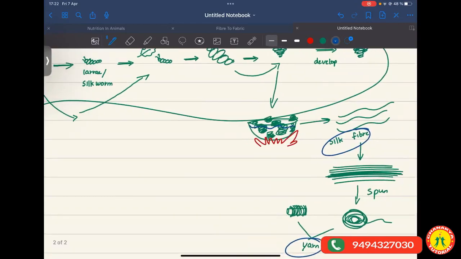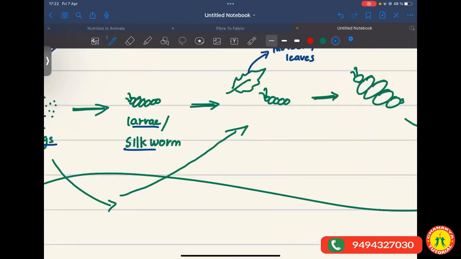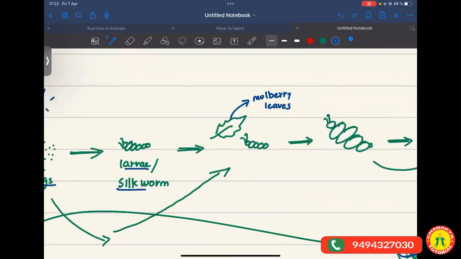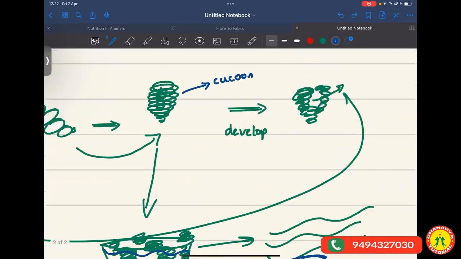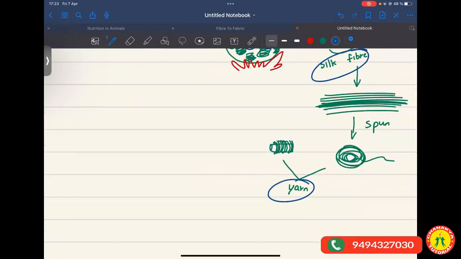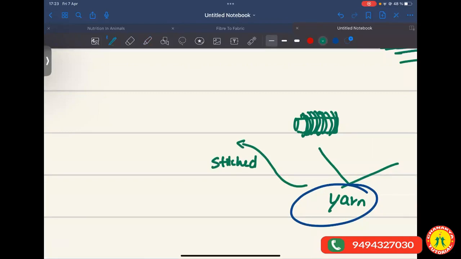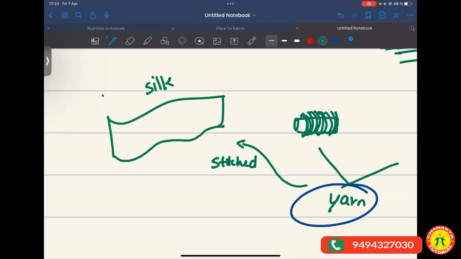Then you have all the stages: the moth, eggs, larva or silkworm fed with mulberry leaves, and the cocoon. They are spun into yarns, and once spun into yarns, they are stitched into your mom's beautiful saris, silk cloth, or anything.